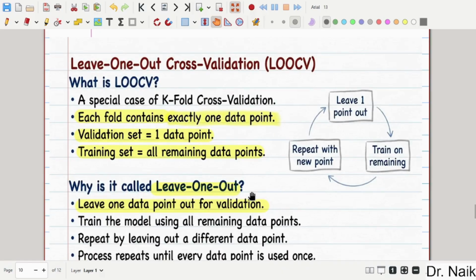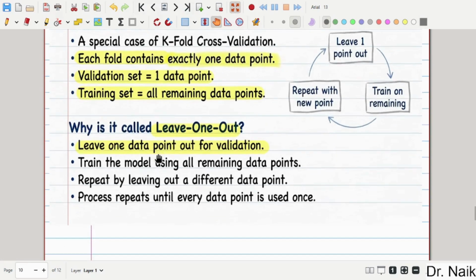So first understand what we mean by leave one out cross validation. Leave one out cross validation is a special case of k-fold cross validation, where each fold contains exactly one data point. So the validation set contains one data point and the training set contains all remaining data points. Why is it called leave one out?